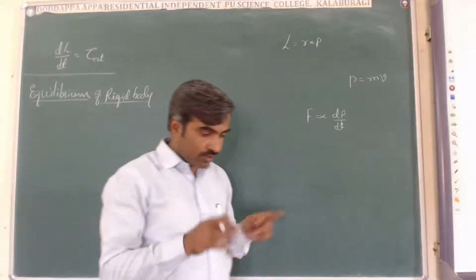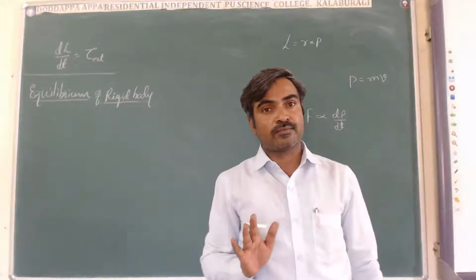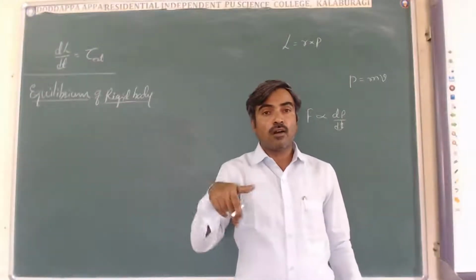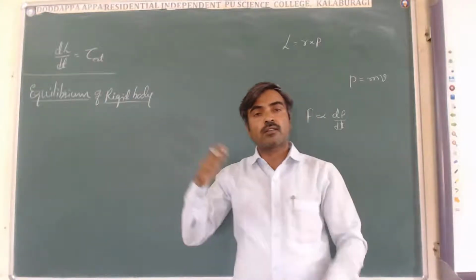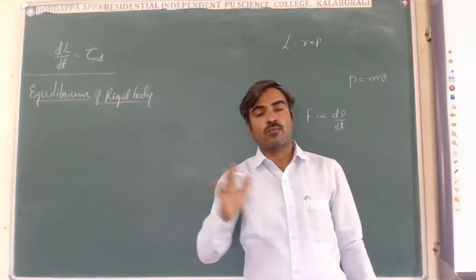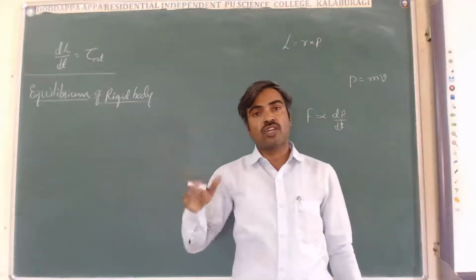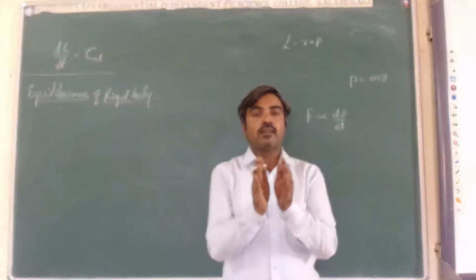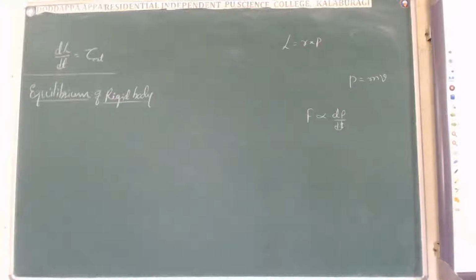That is the equilibrium condition. Unless and until a force or a torque is applied, the translational or rotational motion should not change. If not, the rigid body does not change its motion. Then we say that it is in equilibrium condition. That is translational as well as rotational equilibrium, we can say.